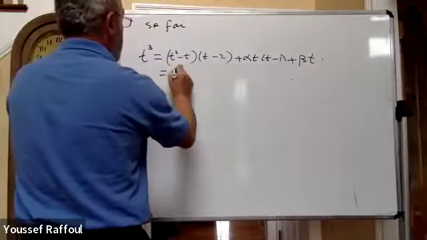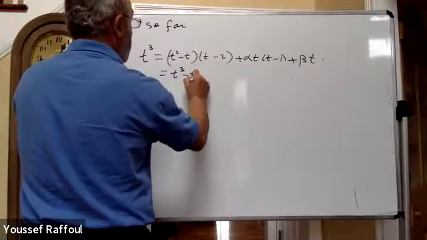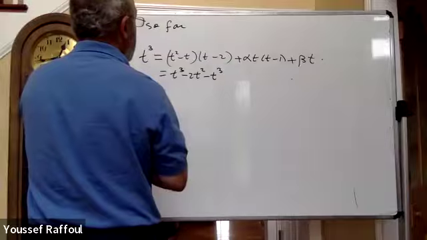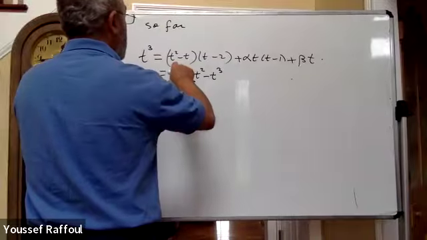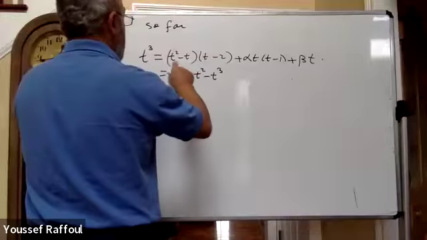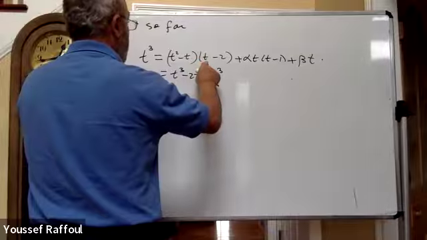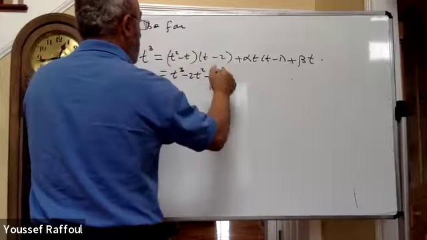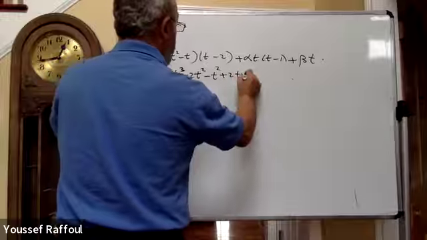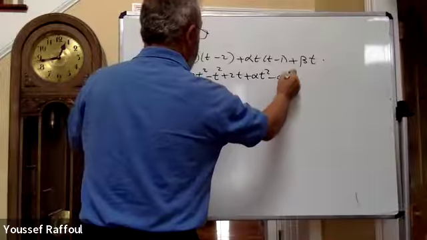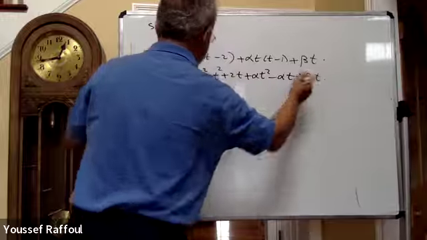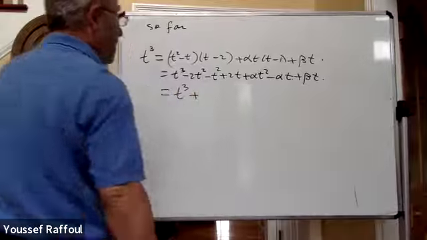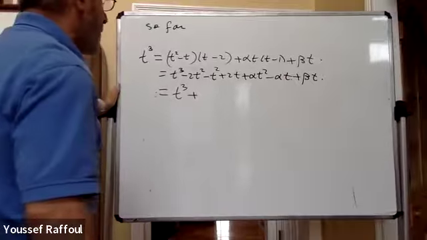So that is t cubed minus 2t squared minus t squared, sorry, plus 2t plus alpha t squared minus alpha t plus beta t. So that is t cubed plus, how many t squares do I have?